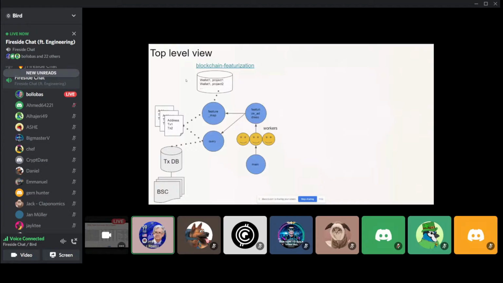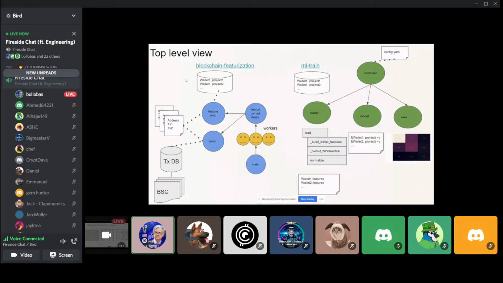Now, for data scientists and machine learning researchers, that's the right part. These green circles are in what's called a controller-view-model framework. What a data scientist would do is take that cylinder from the blockchain featureization step and instantiate a controller.